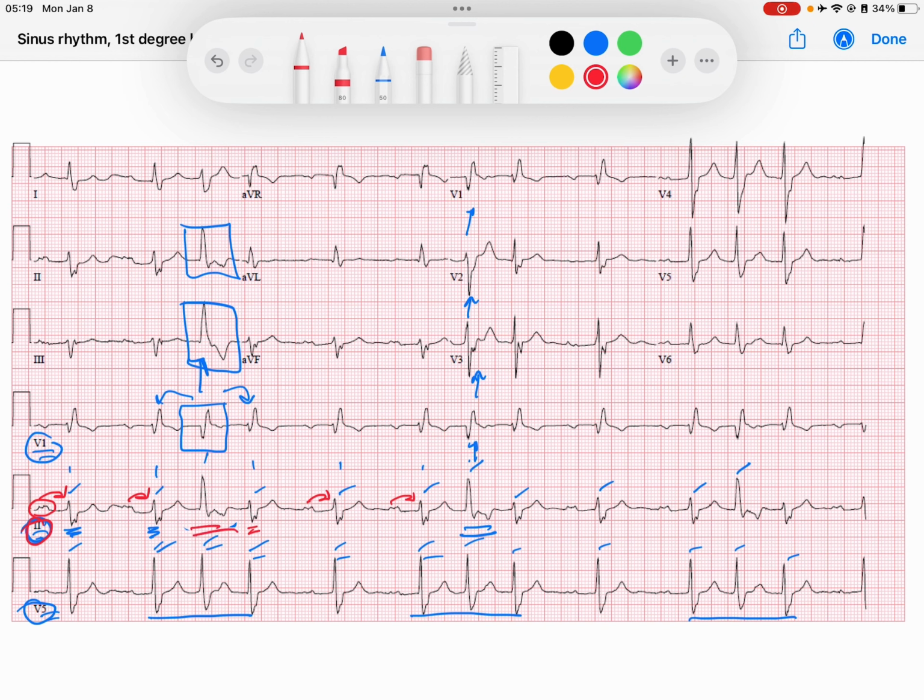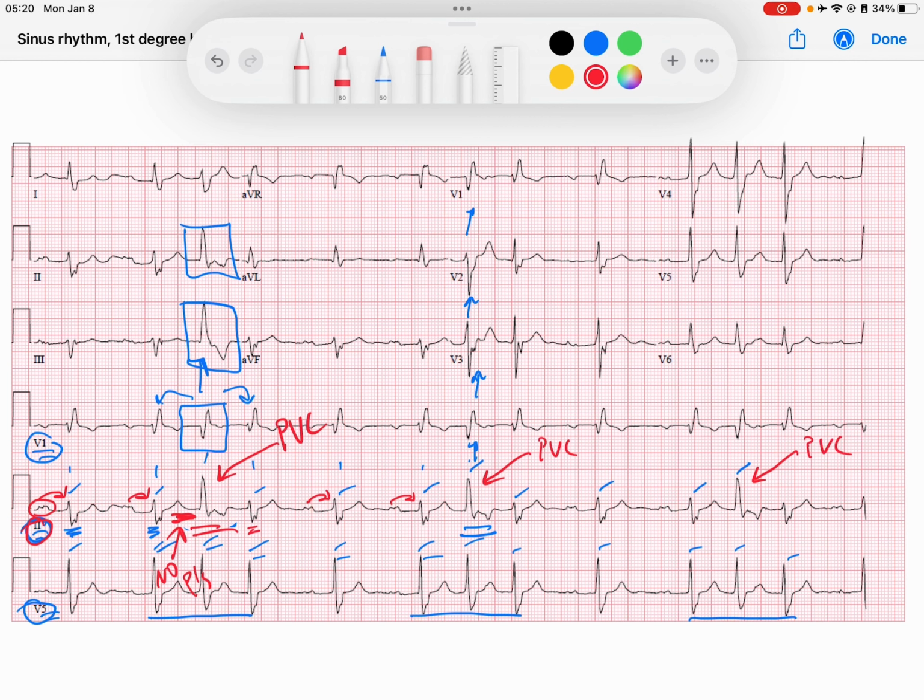So a wide, complex beat in the setting of no P waves has to be a premature ventricular complex, a PVC. We can take a quick glance at the rest of these and note the same thing. This is a PVC, PVC. And if you notice, the PVCs are occurring every fourth beat.